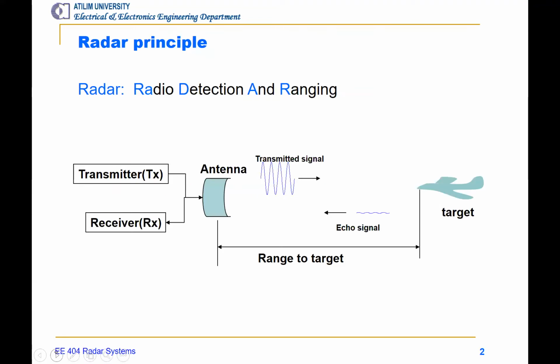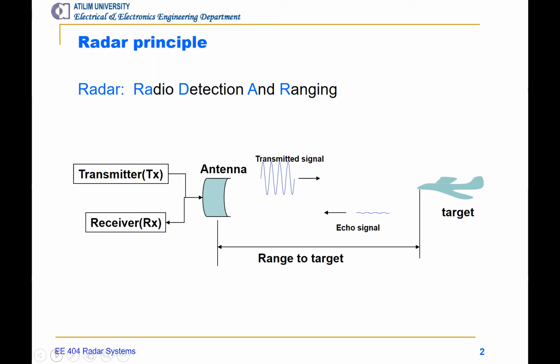Okay, here we see an illustration showing how a radar system works. This is a very high-level illustration. As you might know, radar stands for radio detection and ranging. And the idea is quite simple. We transmit a signal, a waveform.